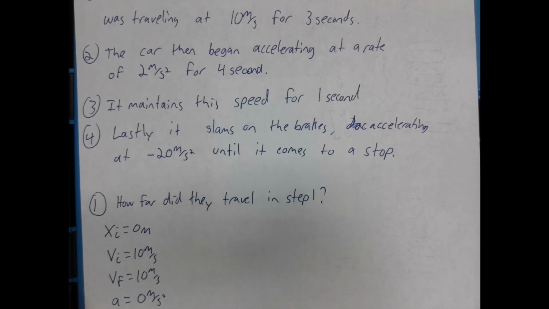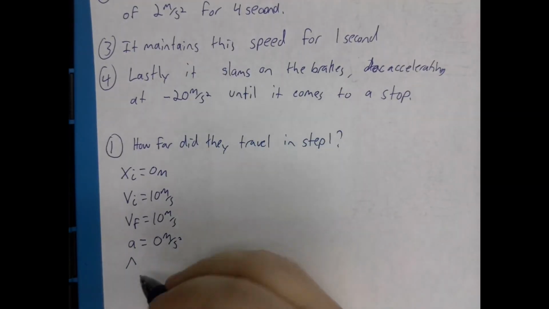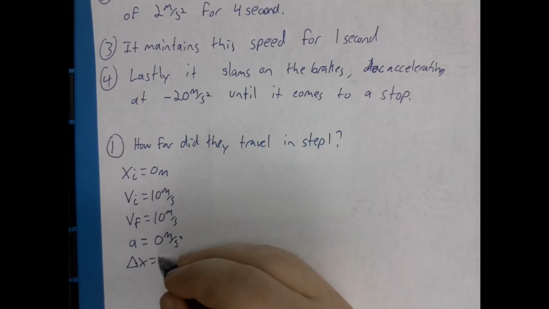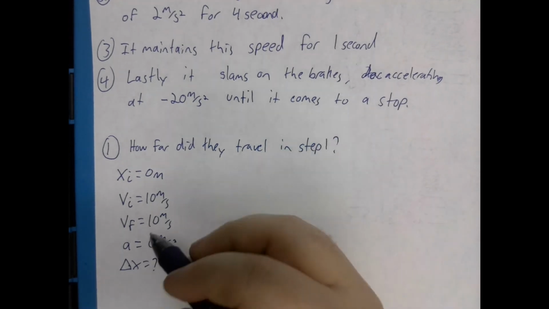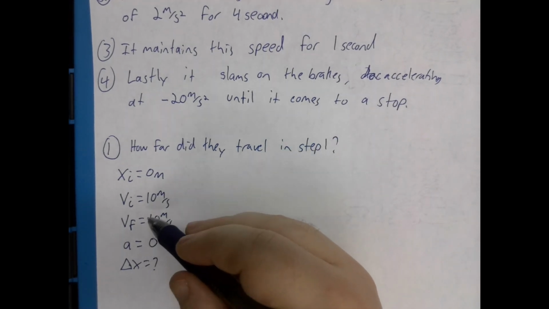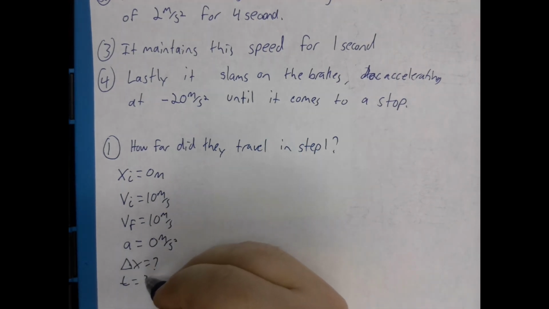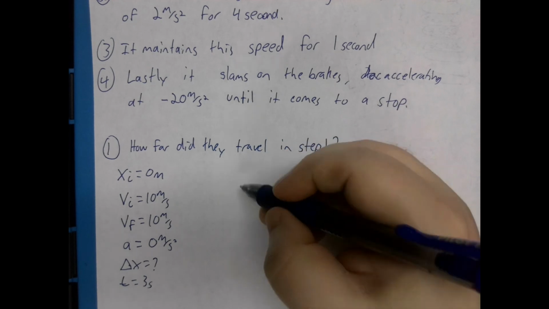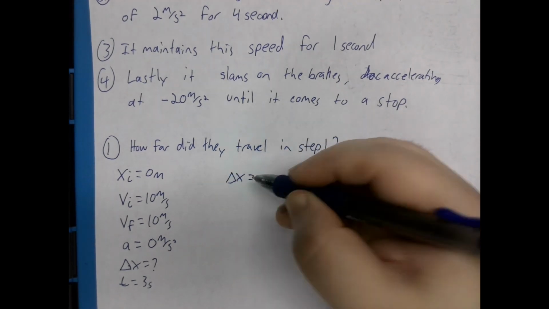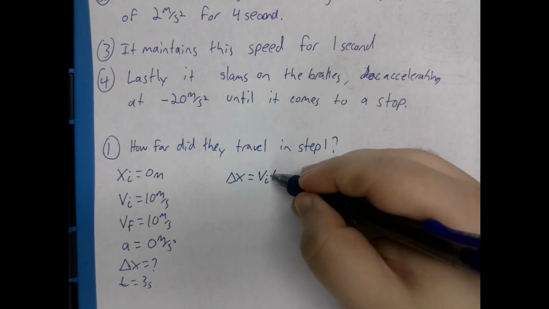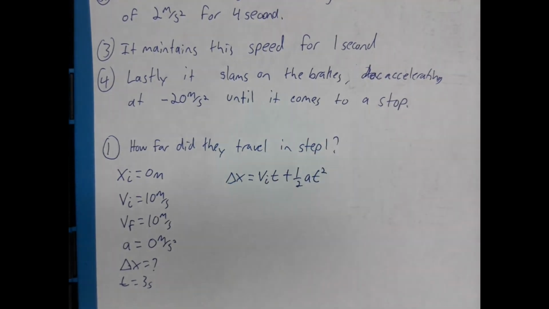And we're trying to find out how far they travel. We're solving for delta x. So we know acceleration is 0, we know initial speed, and we know time is 3 seconds. So we can use the equation delta x equals initial velocity times t plus 1/2 a t squared.